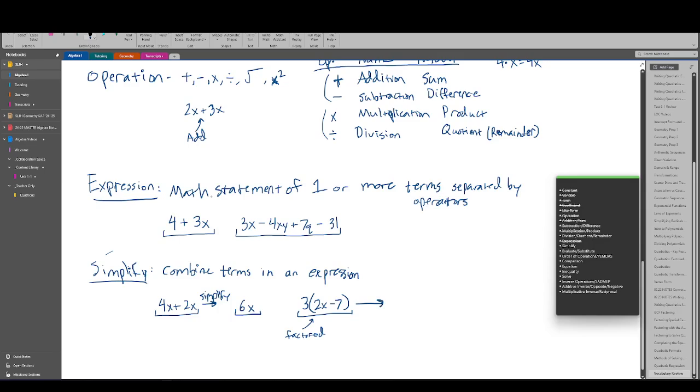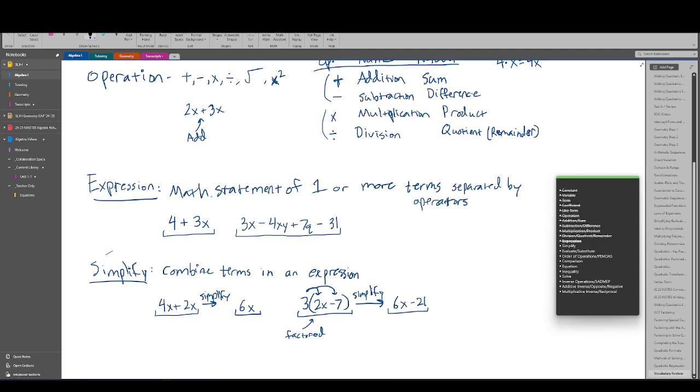In order to simplify it, we have to do something called distributing, which I know you're familiar with. We give this 3 to both of these numbers. So what happened on the left is the 3 had been taken away from both, and to simplify, we give it back and write this as 6x minus 21. And this would be the simplified form of the expression on the left.